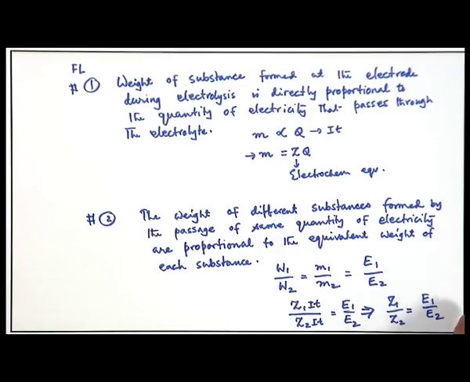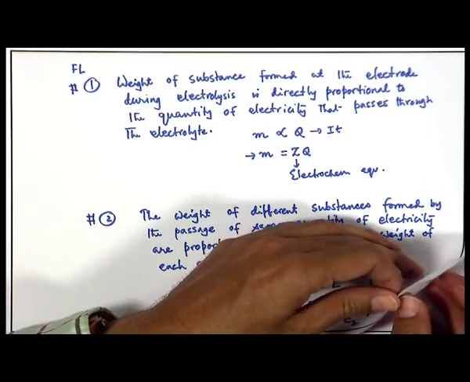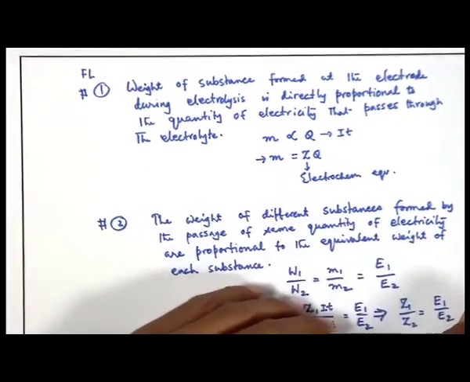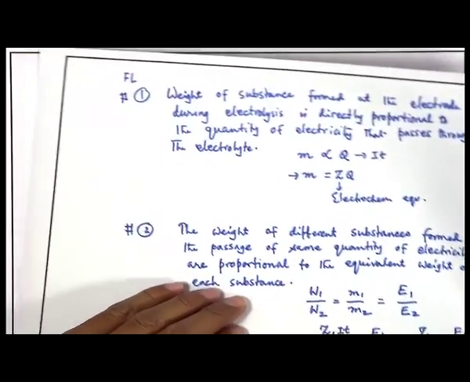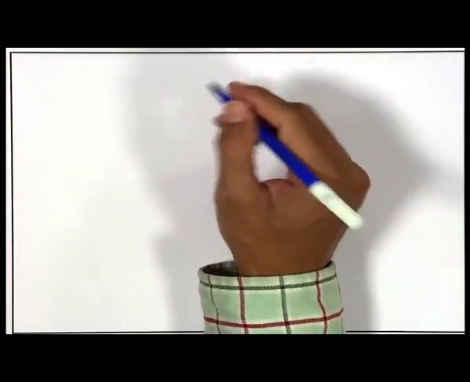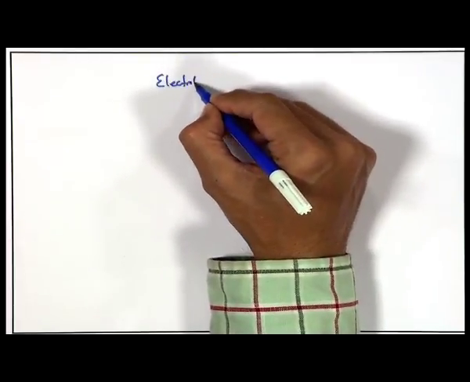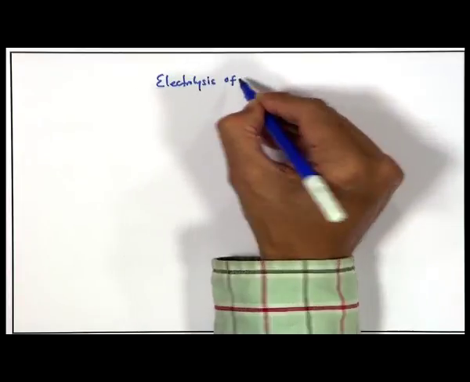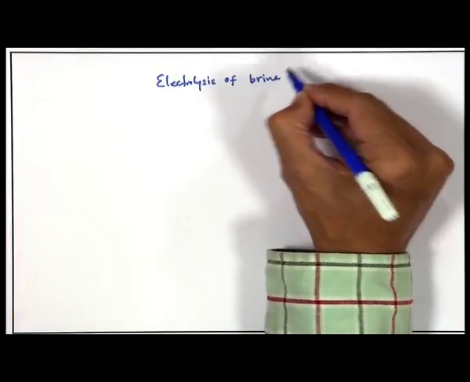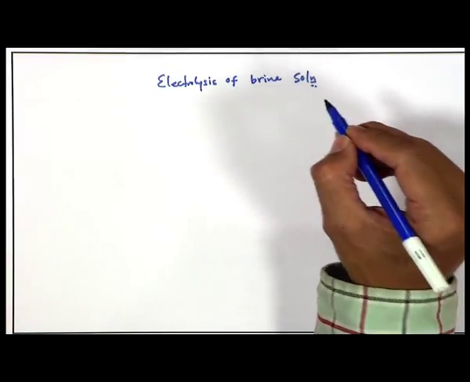Okay. Now let us focus our attention again back to some industrial process. Industrial process means electrolysis of brine solution. Brine means sodium chloride solution. Okay.